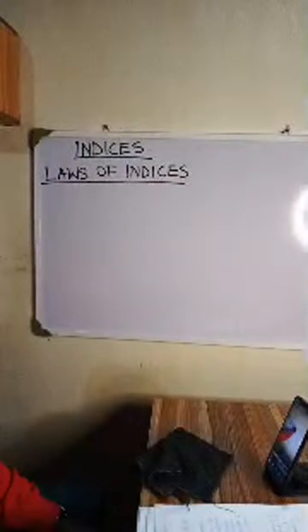So in today's class, we are going to be looking at 4 laws of indices. In tomorrow's class, we are going to continue by looking at the rest of the laws of indices.